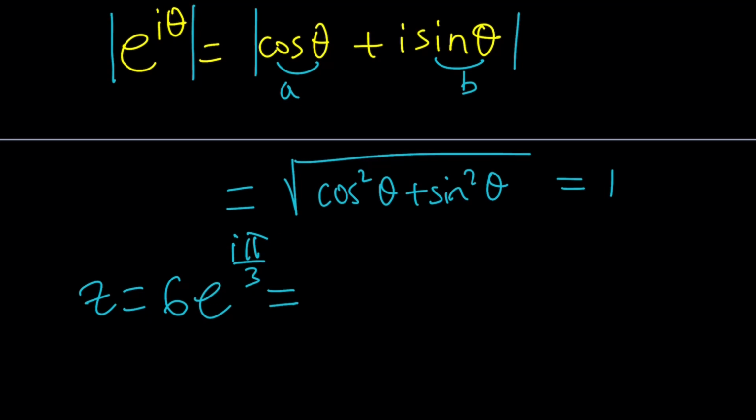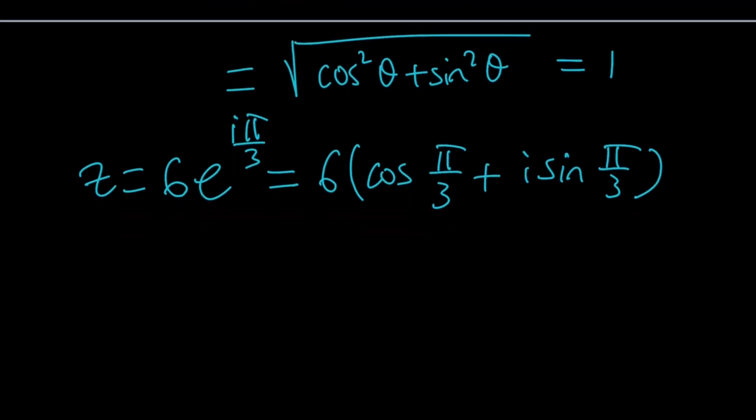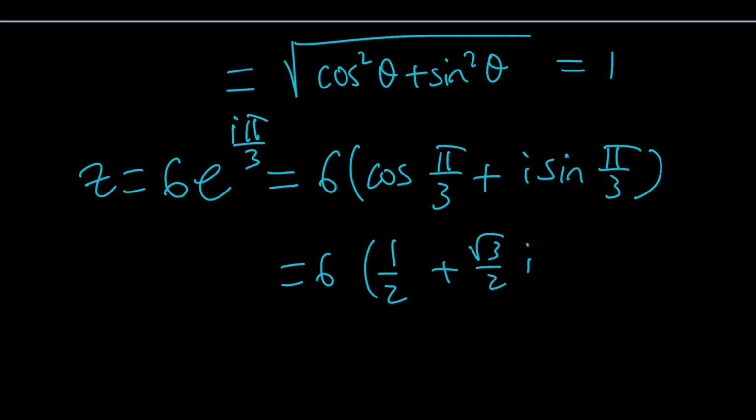Okay, how about that? So this can be written as cosine of pi over 3 plus i sine pi over 3. What is cosine of pi over 3? It's cosine of 60, which is sine 30, which is 1/2, and this is root 3 over 2. If you distribute the 6 from here, you're going to get 3 plus 3 root 3 i. So that's going to be our z.